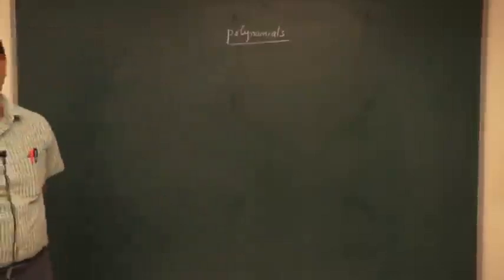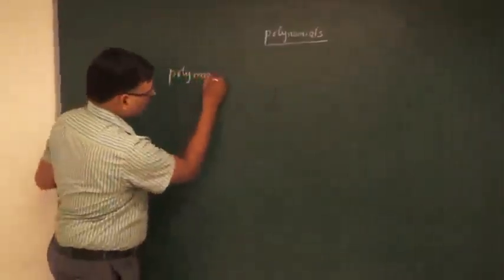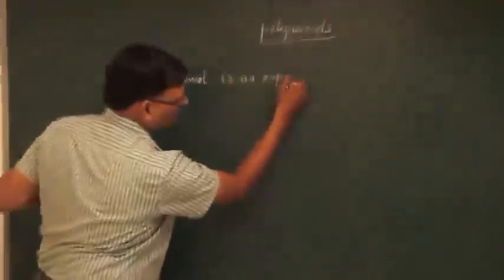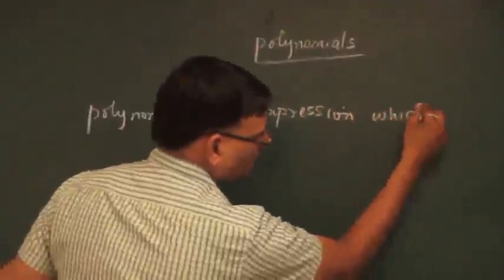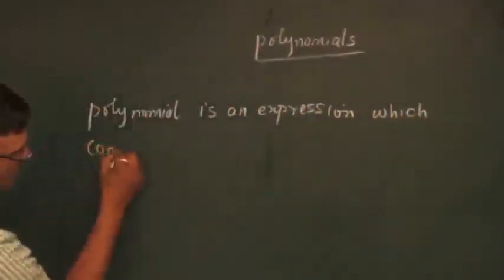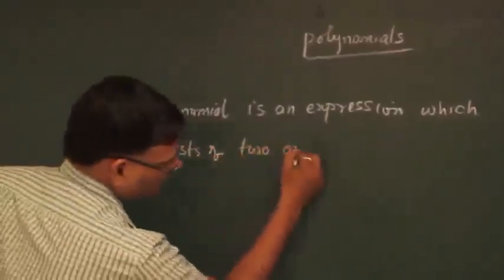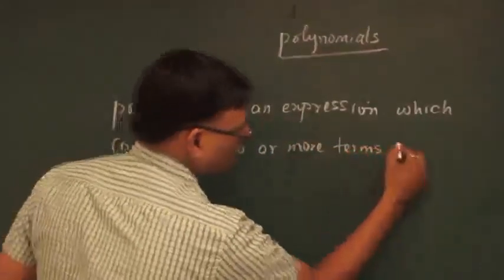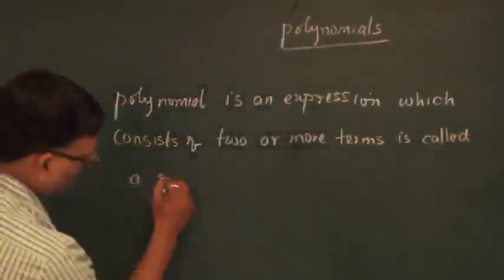First we should know the meaning of polynomial. A polynomial is an expression which consists of two or more terms.